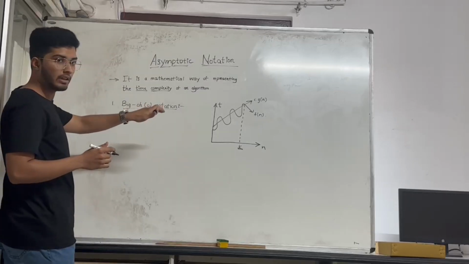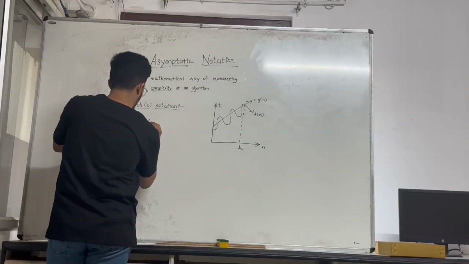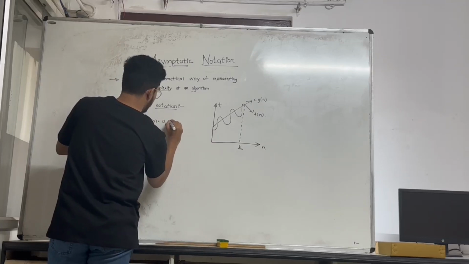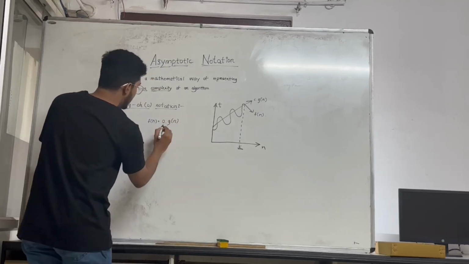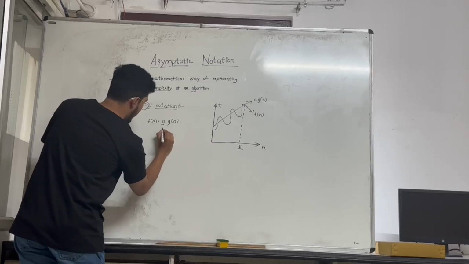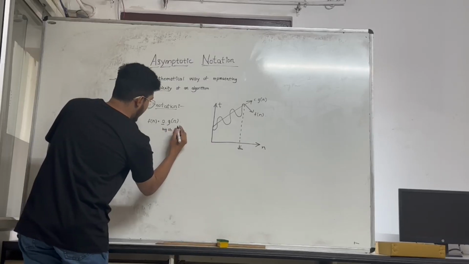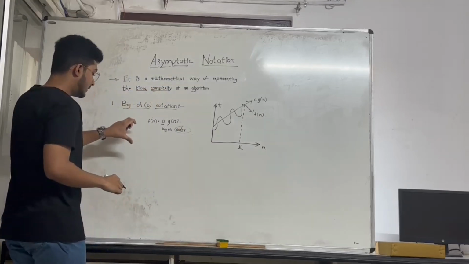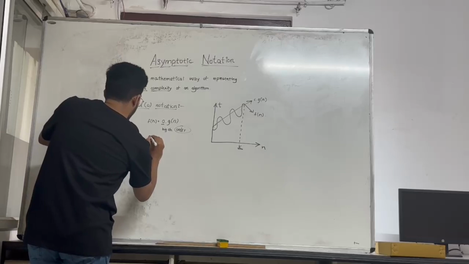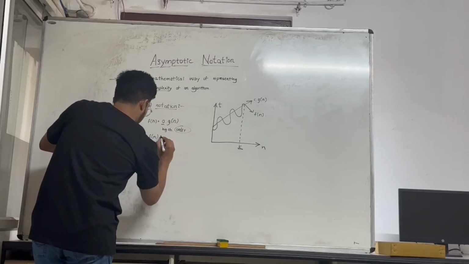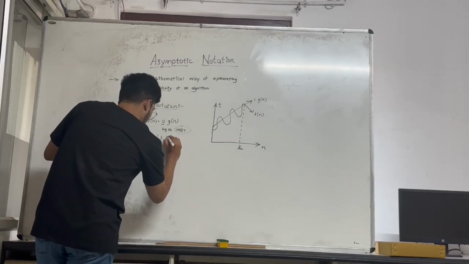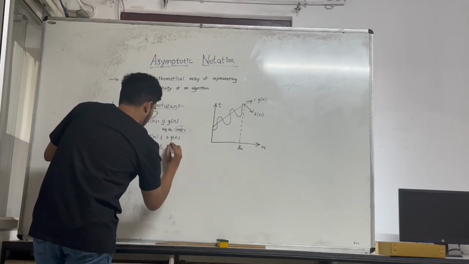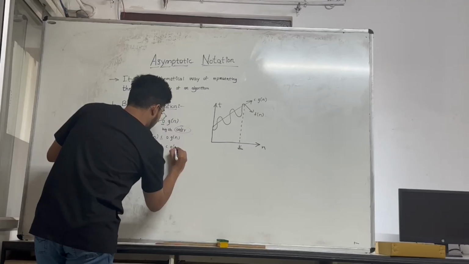Here f of n is expressed as f of n is equal to order of g of n. Here O is the big O, which tends to order, and there are two conditions, mainly f of n should be less than or equal to c of g of n.